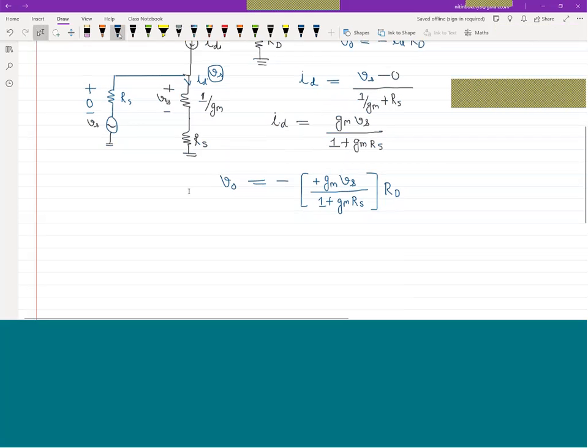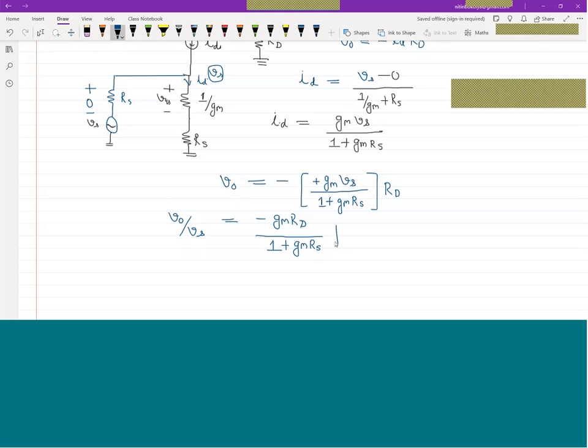So you can say Vout divided by Vs is equivalent to minus Gm into Rd divided by 1 plus Gm into Rs.